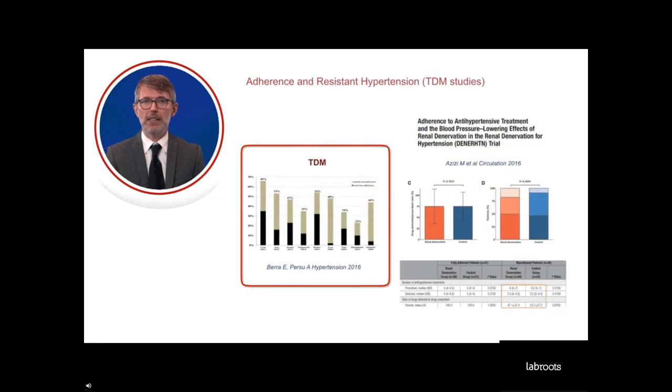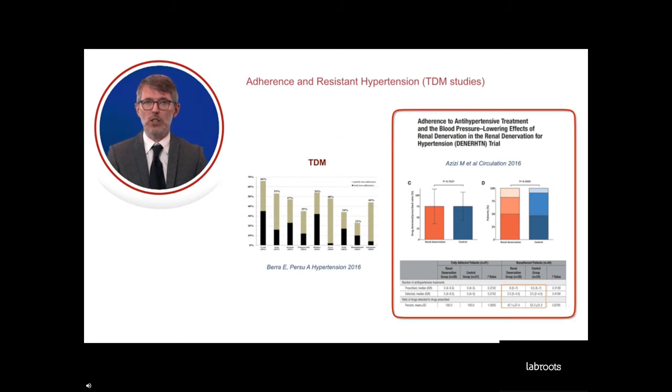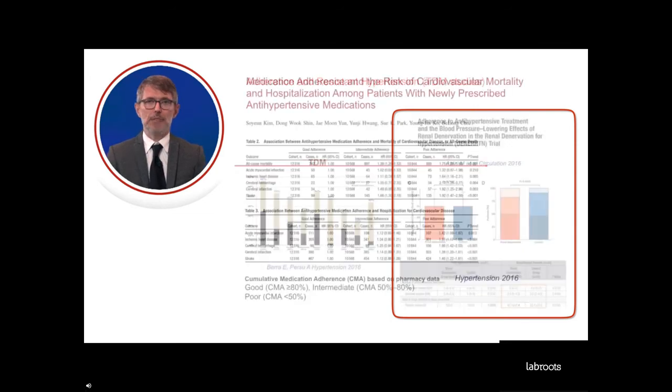You can see here in this meta-analysis that incomplete or complete non-adherence is present in at least 50% of the patients. And also in this trial in patients candidate to renal denervation, so they should be patients highly motivated to take the drug, 50% of the drugs were not observed in the urine of these patients by therapeutic drug monitoring.